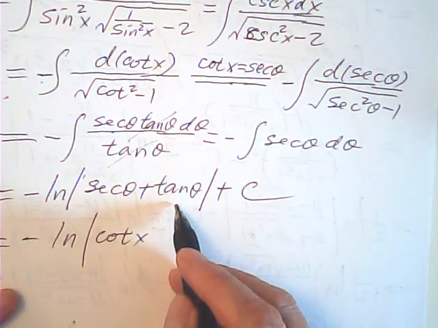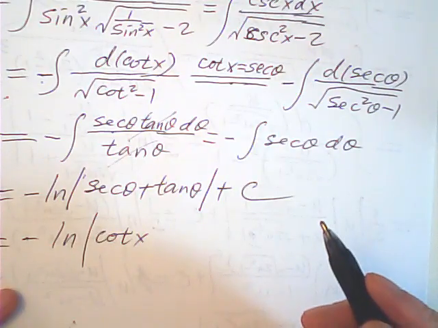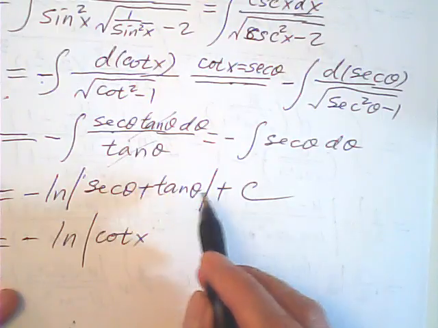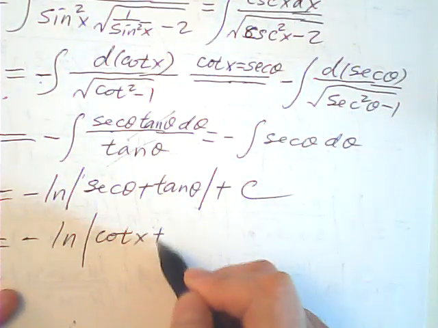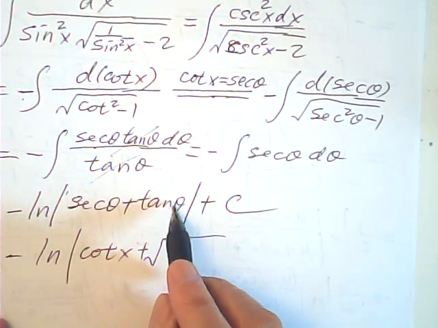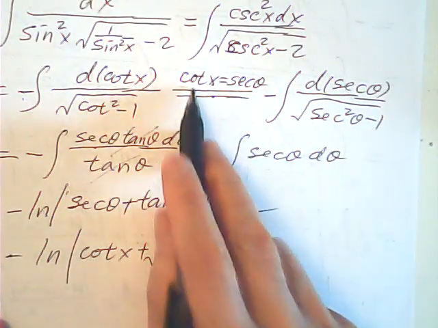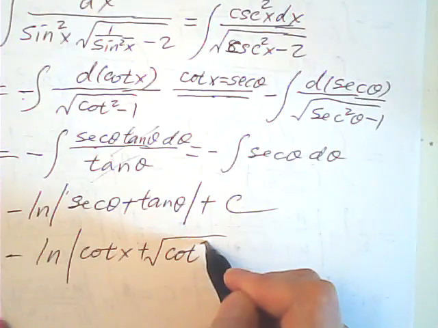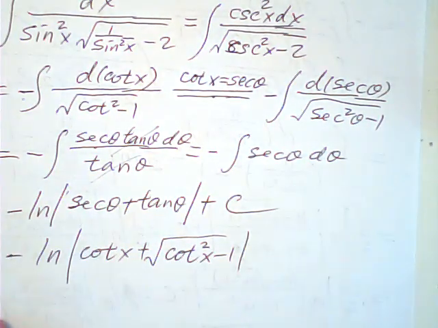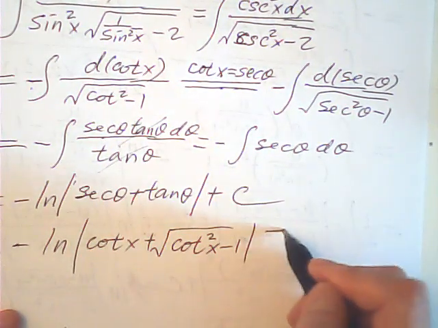Tangent theta is square root of secant square minus 1, right? Secant square minus 1. Secant square is this, so it can become this. Minus 1, yeah. Yeah, plus C.